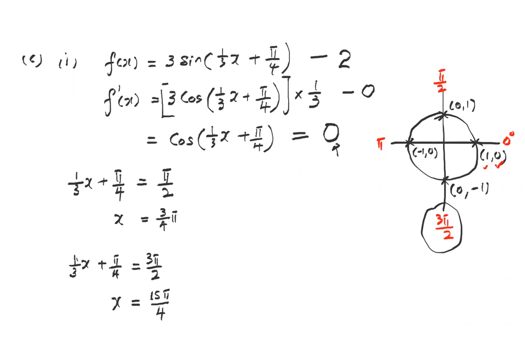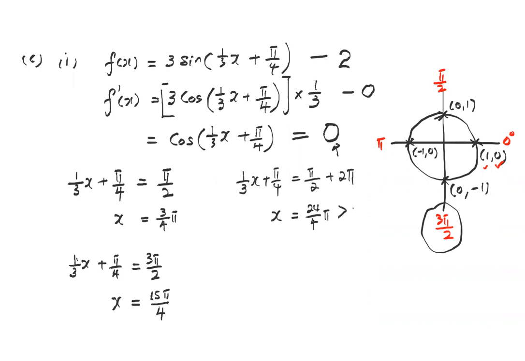Or 1/3 the angle can be equal to second round plus 2 pi. So you got your x here. So you take half plus 2 minus 1/4, then the whole thing times 3. Go to fraction, you got 27 over 4 pi.